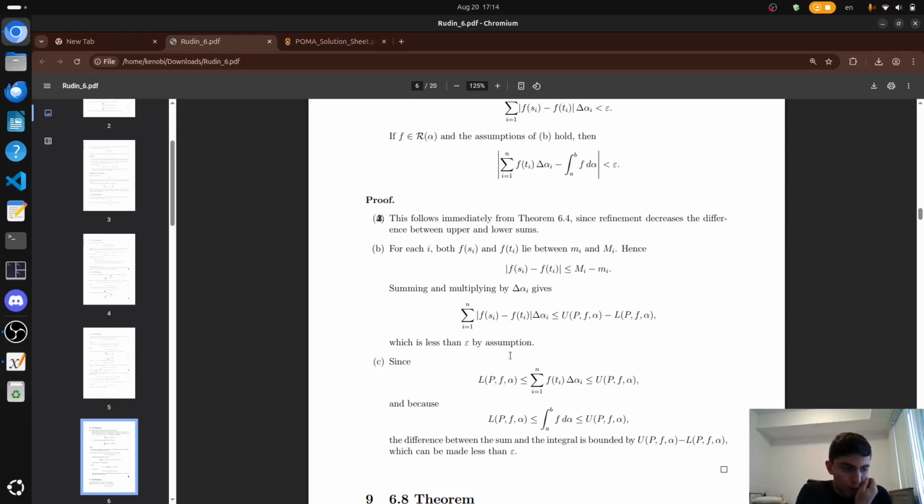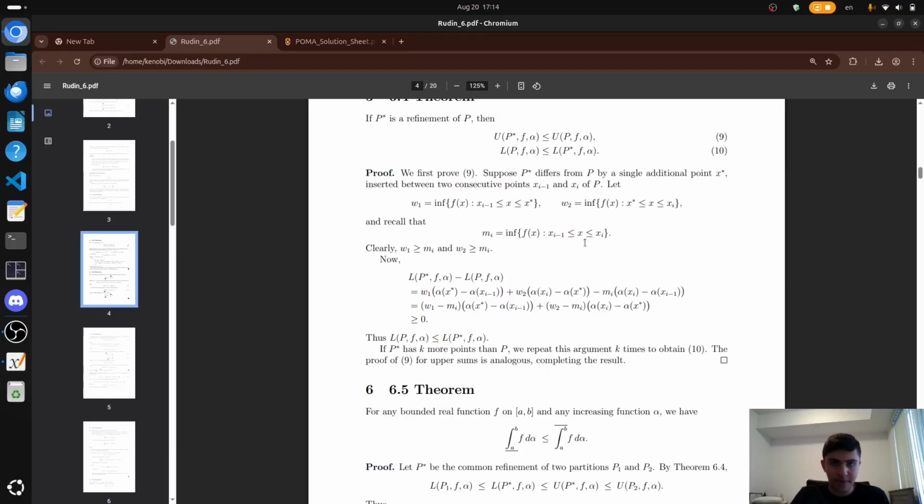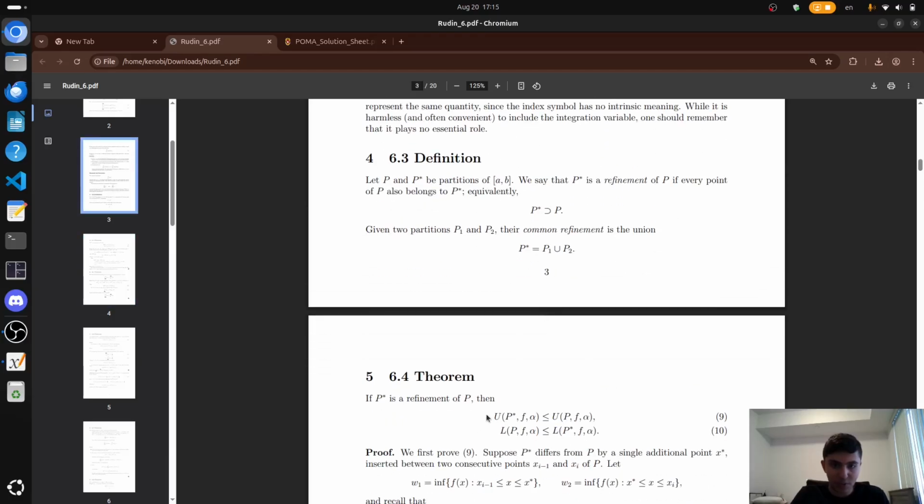We also have to prove the statement for A, right? And how it works is that we use this inequality over here. Since we know it works for some refinements, you can just subtract these two things over here and add these together, and you're going to get that when it works for that, it is going to work for all the refinements.